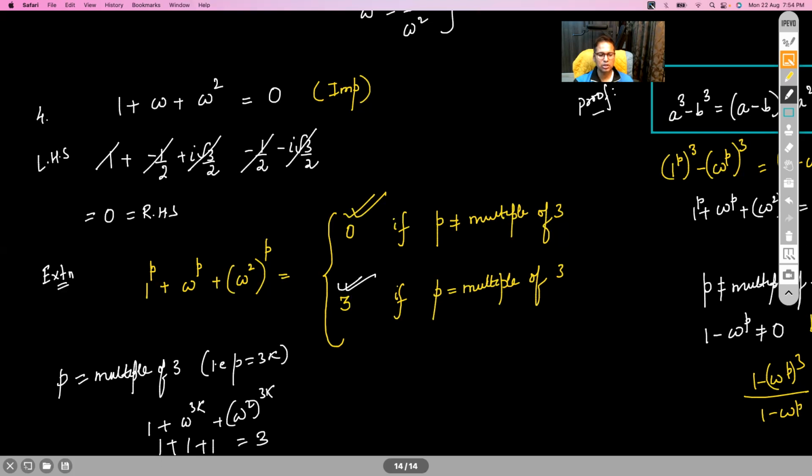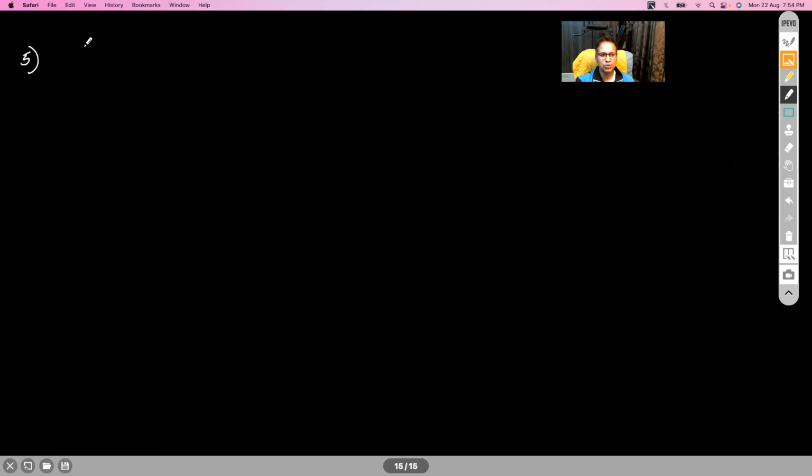Okay, let's move on to property number 5, which is actually the location of cube roots of unity on the Argand plane.